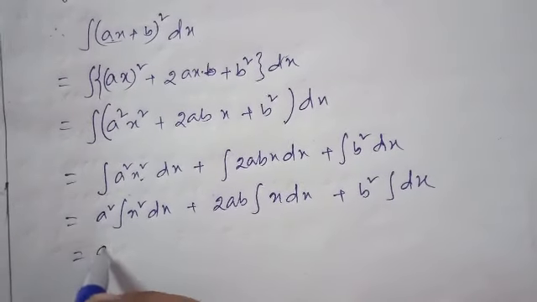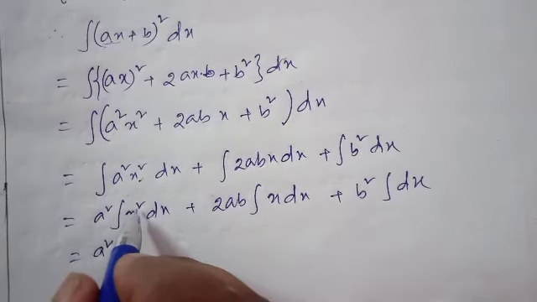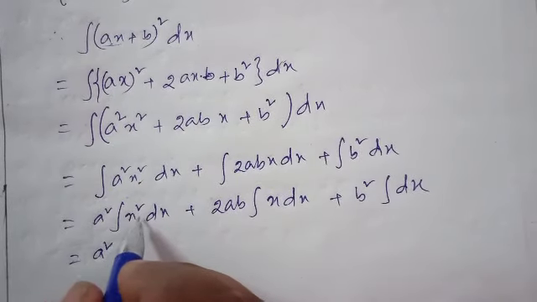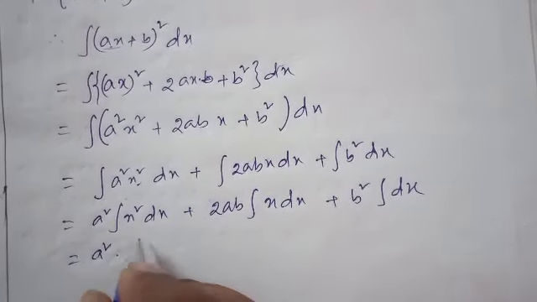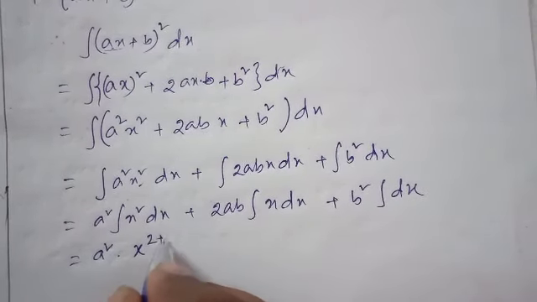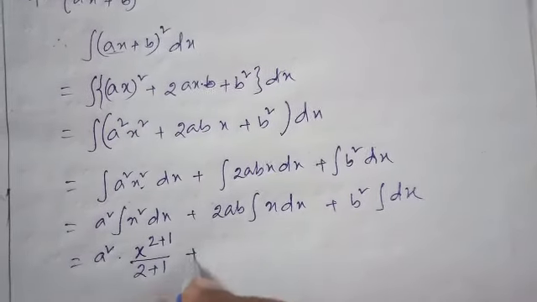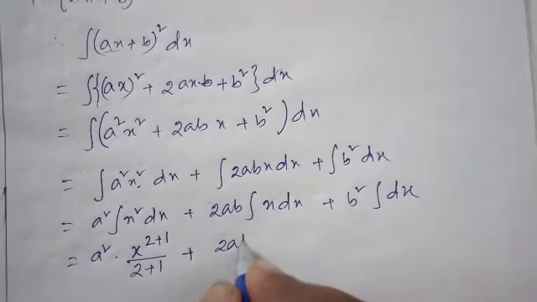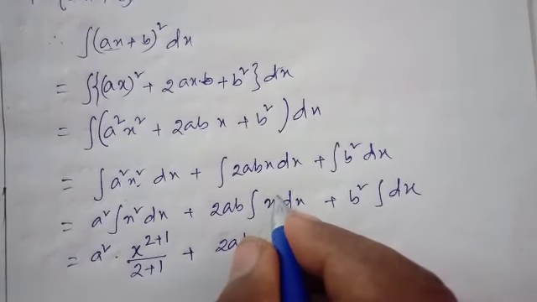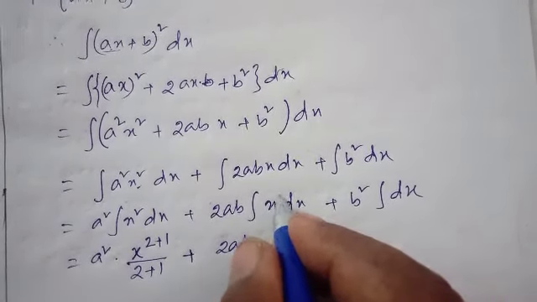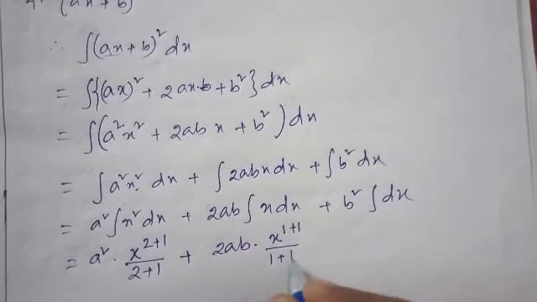Here we use the formula for the integration of x to the power n, which is x to the power n plus 1 by n plus 1. So for x square, it is x to the power 2 plus 1 by 2 plus 1. For 2ab x, we consider x as power 1, so it is x to the power 1 plus 1 by 1 plus 1.